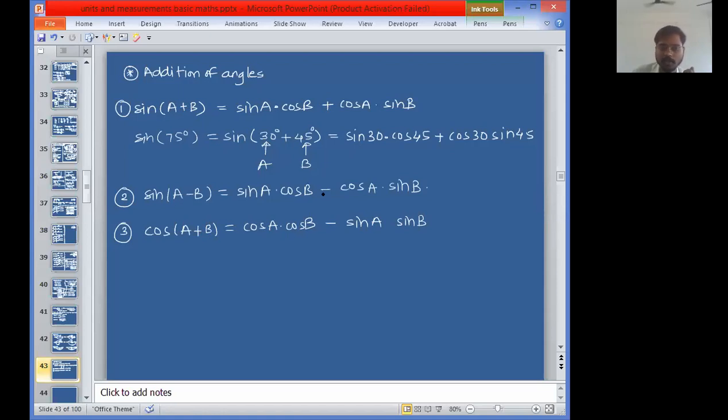Here if we have minus, here also we have minus. That is true in case of sine. But in case of cos, here if you have plus, here you have minus. Okay. Just give me 1 second.